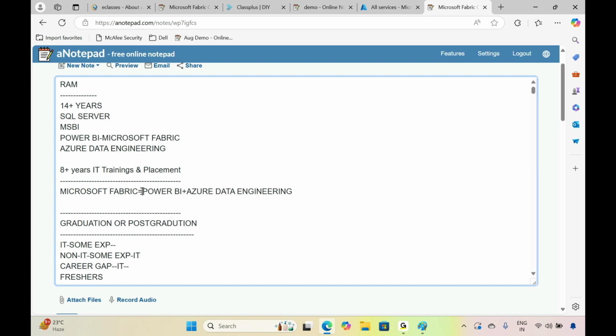Microsoft Fabric equals Power BI plus Azure Data Engineering. If you are learning the Microsoft Fabric course, then you no need to learn the Power BI course separately. You no need to learn the Azure Data Engineering course separately.